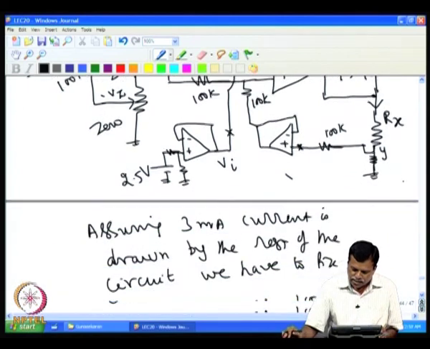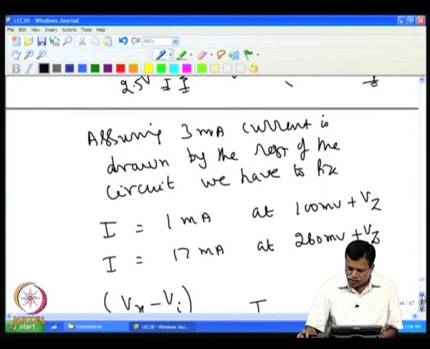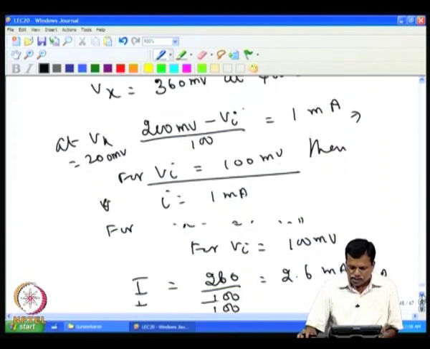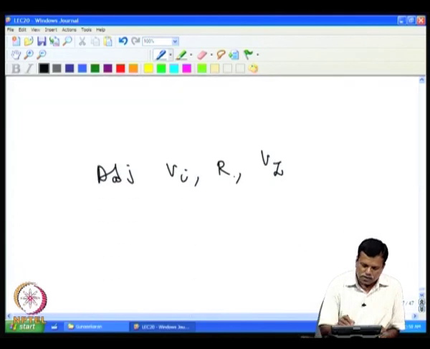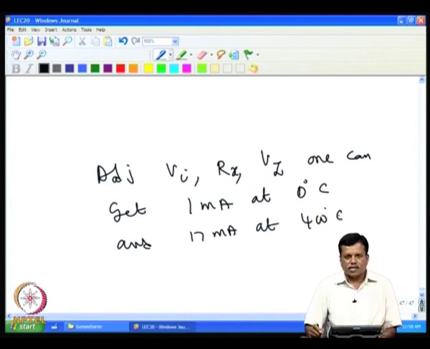Actually this Rx is not R, it is Rx. So, one can adjust these three quantities such that you get 1 milliampere at one end and 17 milliampere at the other end, that is, 1 milliampere at 0 degree C and 17 milliampere at 400 degree C. That will make the entire circuit work as if it is a 4-20 milliampere current transmitter.